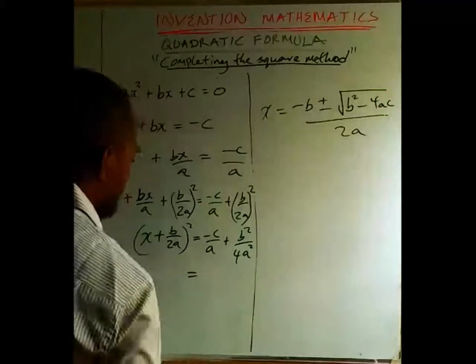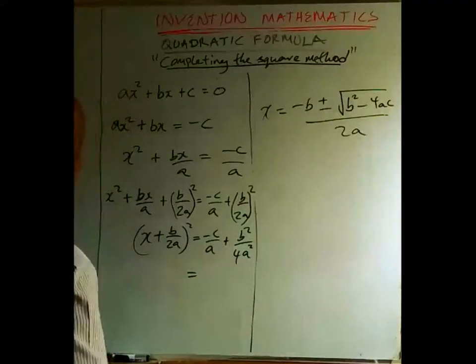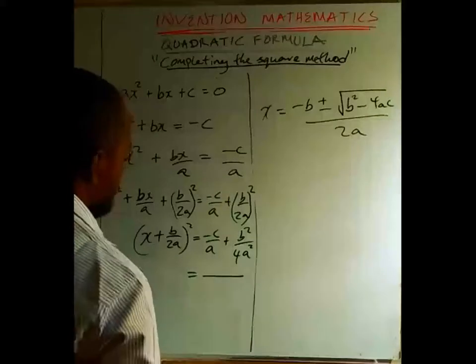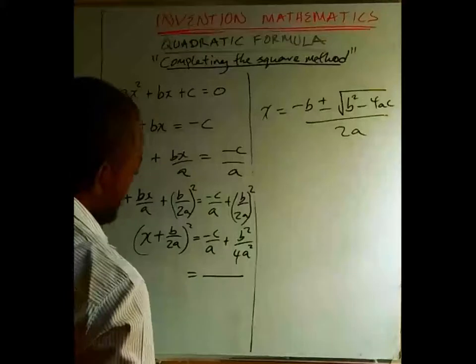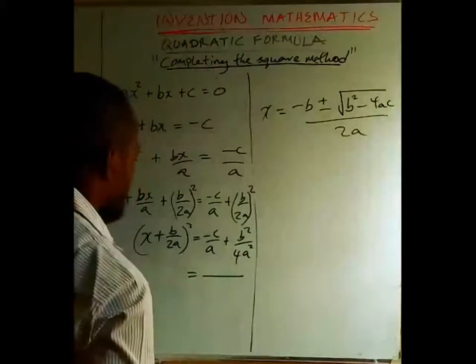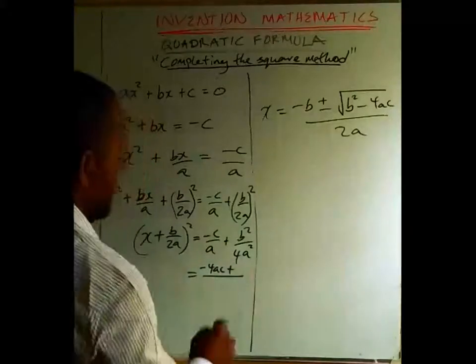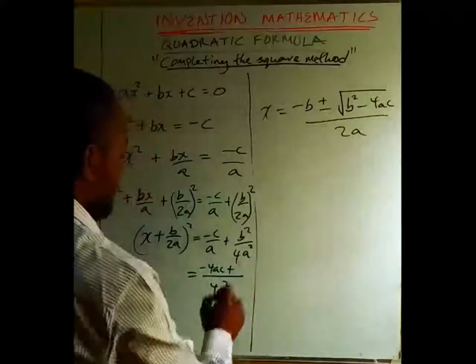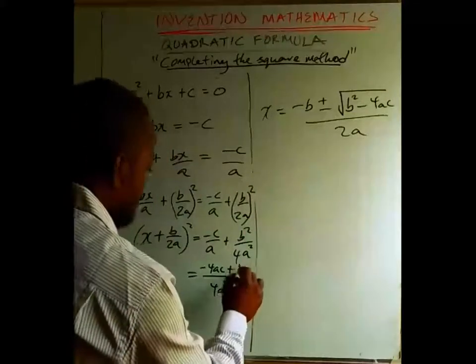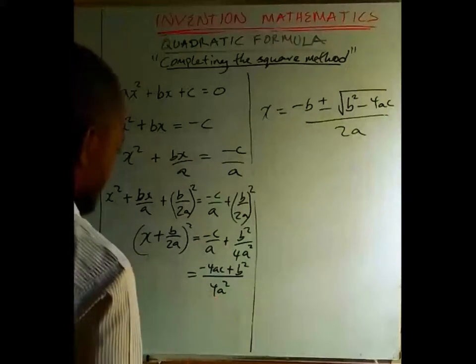This is equal to, what's this? 4a squared divided by a, 4a multiplied by c, minus 4ac plus b squared, all over 4a squared.